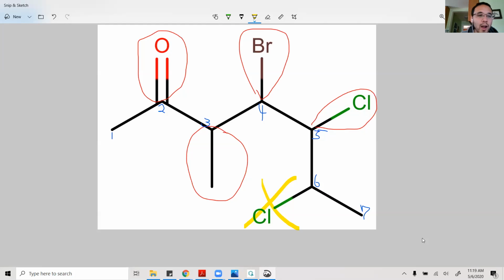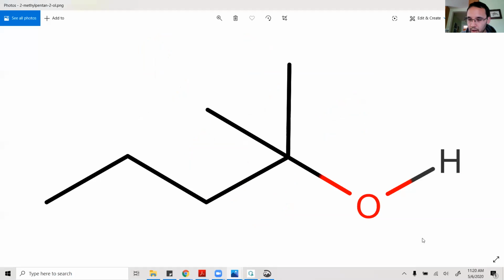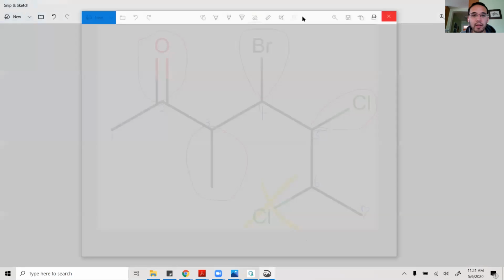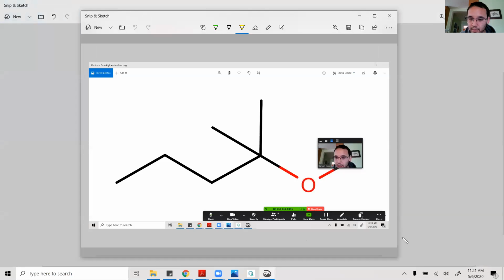All right. We'll look at another compound here. Let me go ahead and name this one. Let me get my face out of the way. Let me put this on this side.